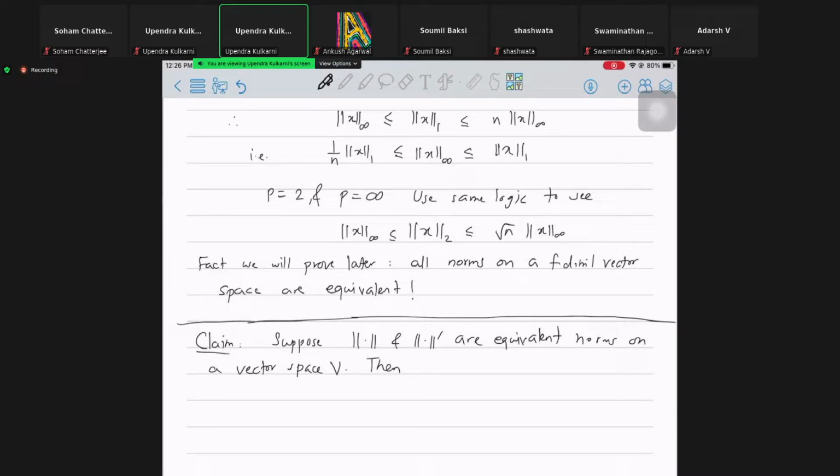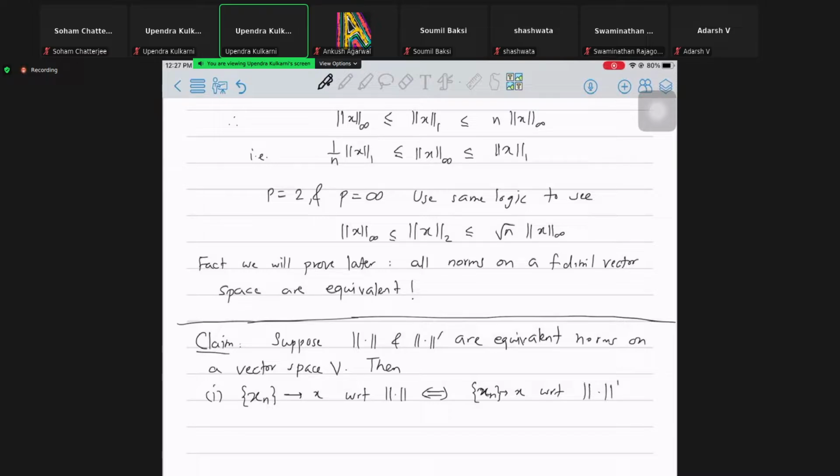Then a sequence xn converges to a point x in V with respect to this norm if and only if it converges with respect to the other norm.